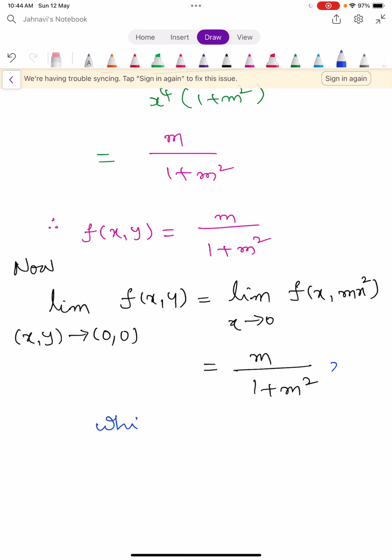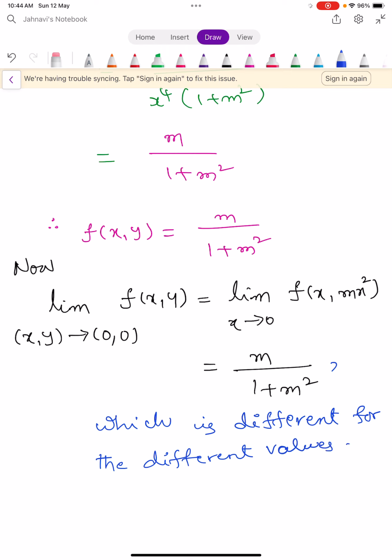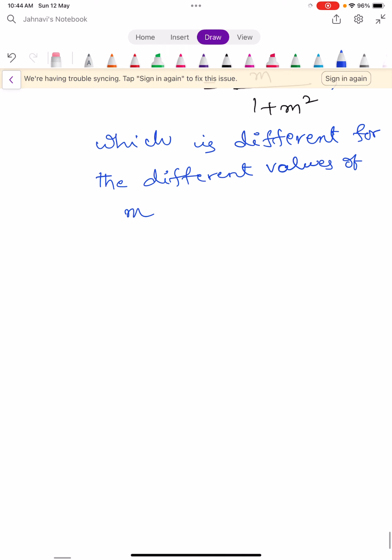This value is different for different values of m. We get different values for different values of m.